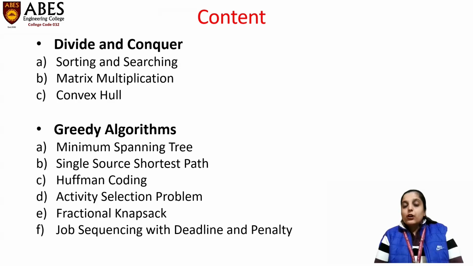Optimization means something at the end you want to achieve. Means as a greedy person, if you want something maximum at the end or something minimum at the end, means some sort of benefit you want to attain at the last. So for that you can take help of greedy algorithms.